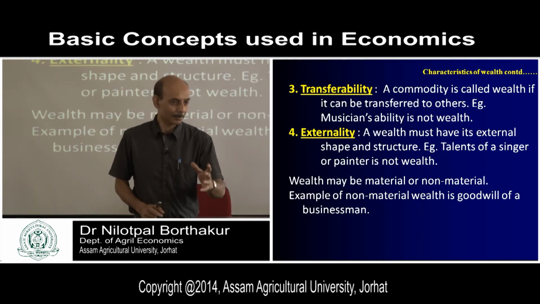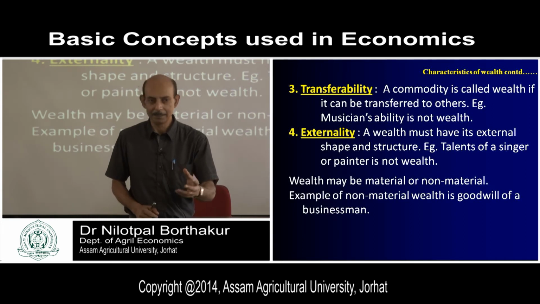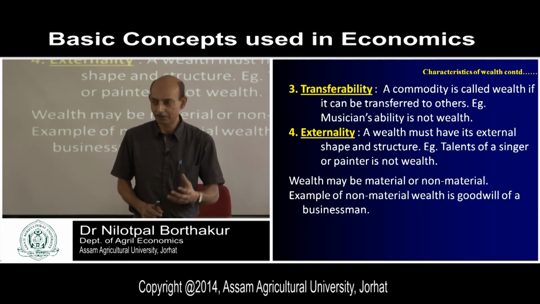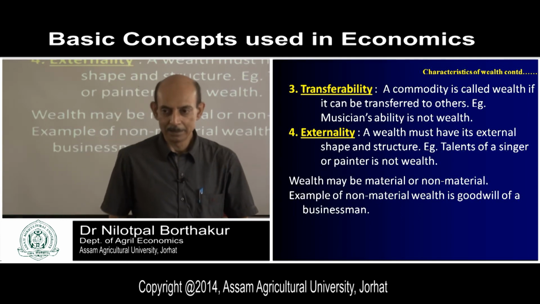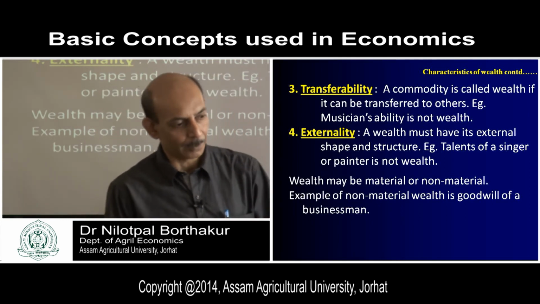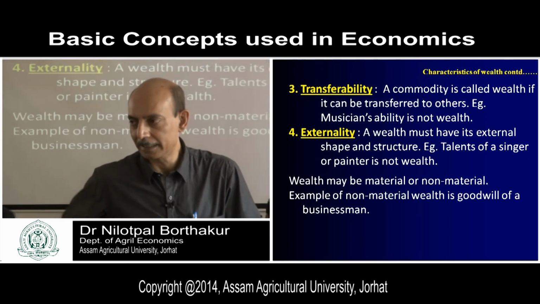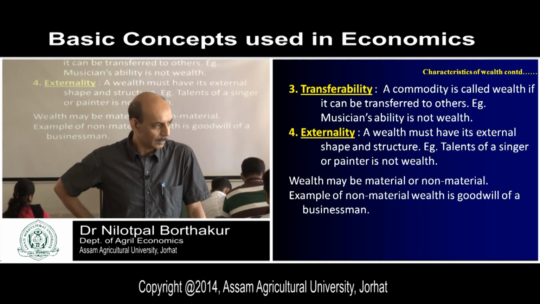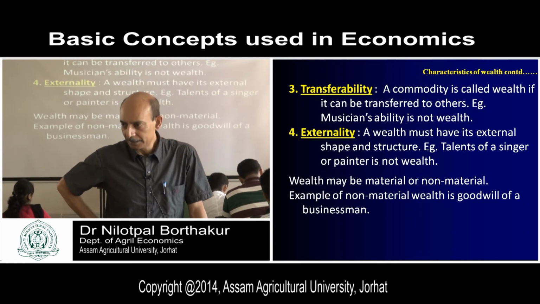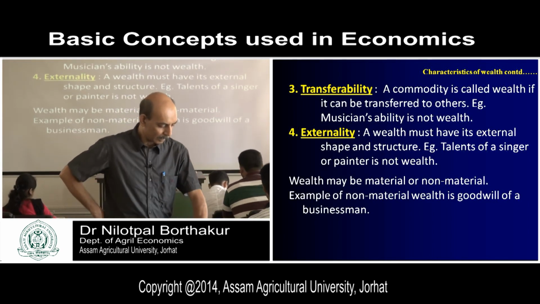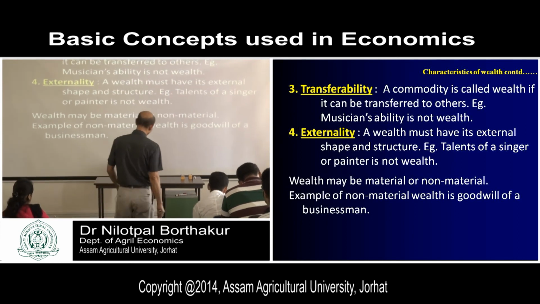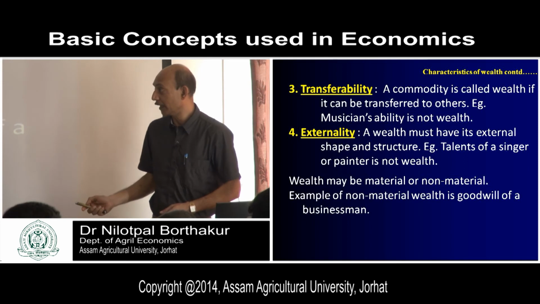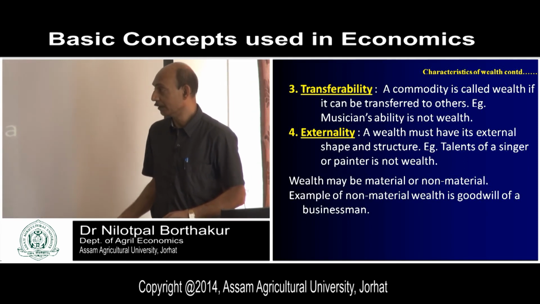If an example is asked from you, or a commodity is given to you to say whether it is wealth or not, you must carefully examine it with these four characteristics. It must have utility, it must be scarce, it must be transferable, and it must be external in nature.